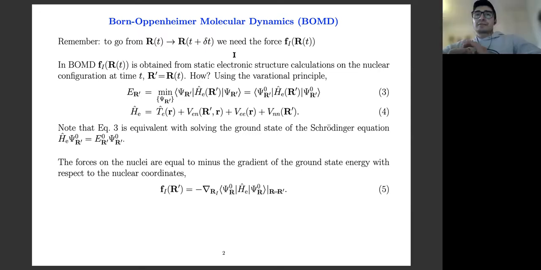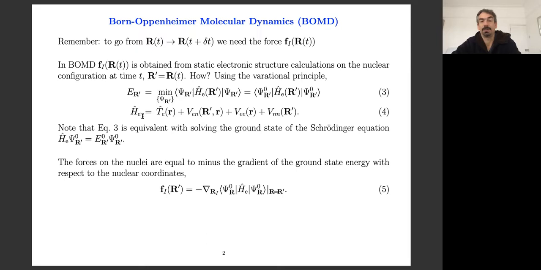So that's the expected value of the Hamiltonian at the ground state. Yeah, expected value of the ground state. It's a ground state because you minimize the expectation value over all antisymmetric electronic wave functions, right? And at that minimum, that wave function is psi 0 of r prime, and that's then the ground state energy.